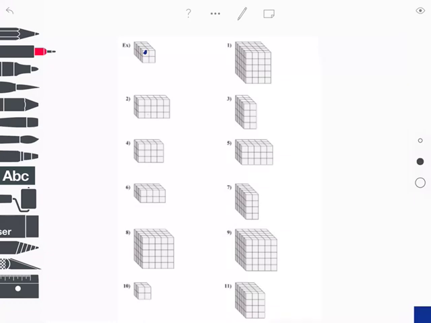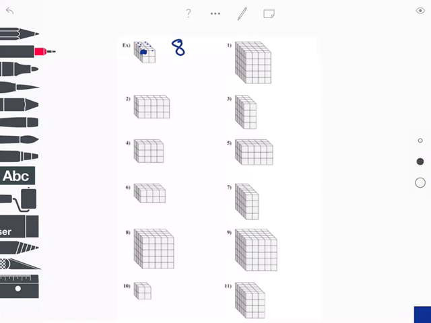So here, for example, we have 1 cube here. And what we want to do is count the top of the shapes, because it makes it easy for us to keep track of how many we're counting. So here, this is 1, 2, 3, 4, 5, 6, 7, 8. So we have 8 on the top row.